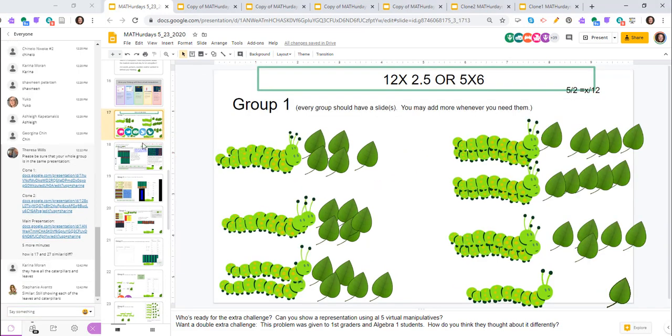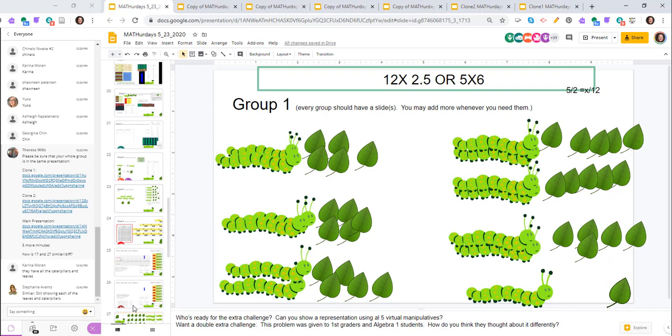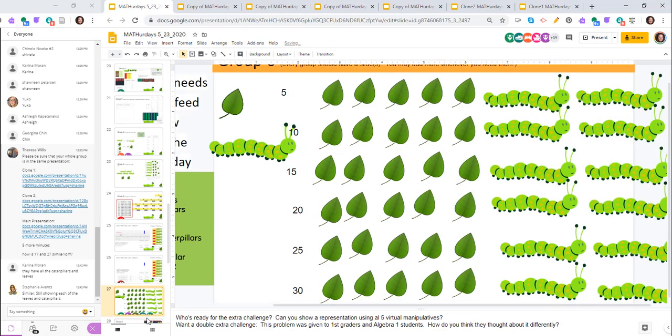They all show all 12 caterpillars. They do show all 12. What else? And they also show all 30 leaves. They show every single one of those leaves. So if I'm 1-to-1, I can count those all up. What else?